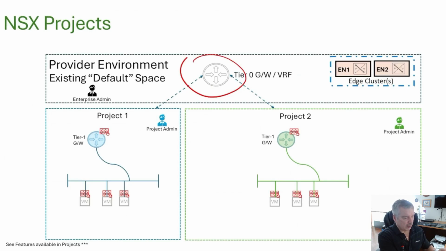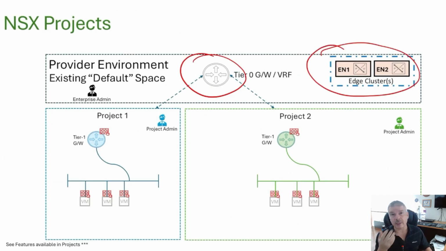You would create those edge cluster or clusters and assign them to your project or projects. Notice I've got this tier 0 gateway here, and I'm allowing projects 1 and 2 to use this. I could do that, no problems. I could create my own. I could create a tier 0 gateway for project 1, another tier 0 gateway for project 2 if I wanted to. I have that level of flexibility if I want to.